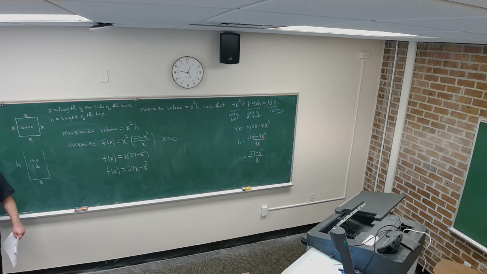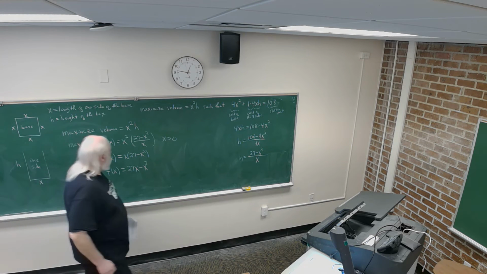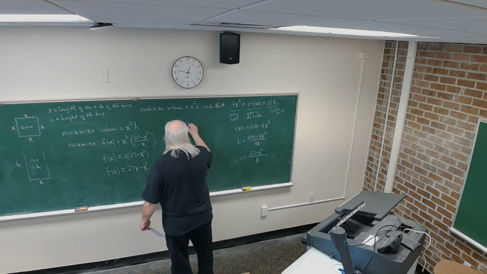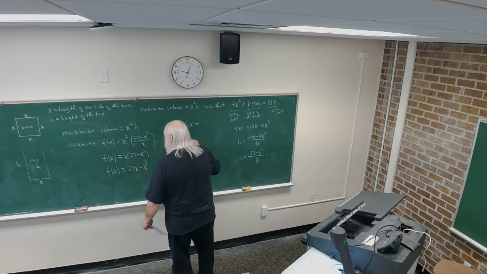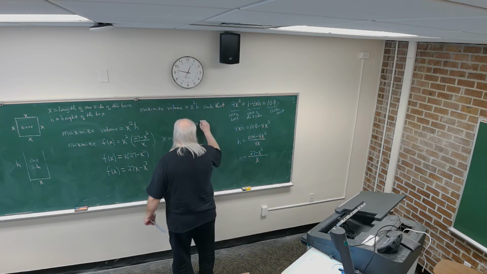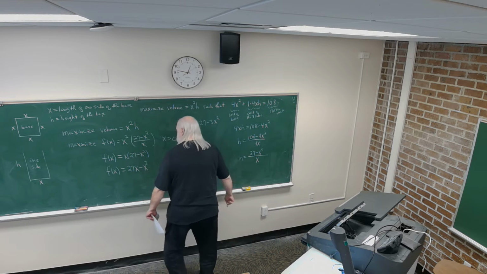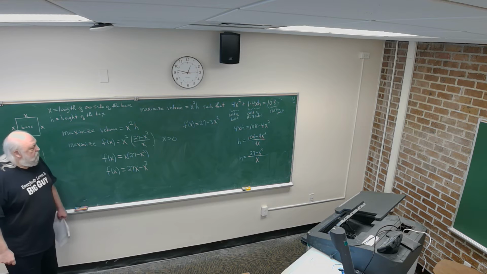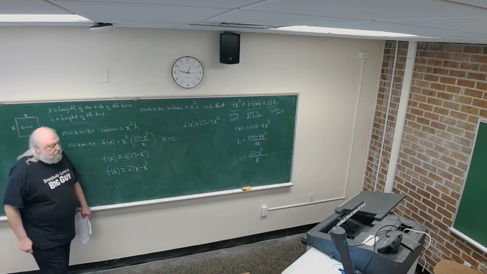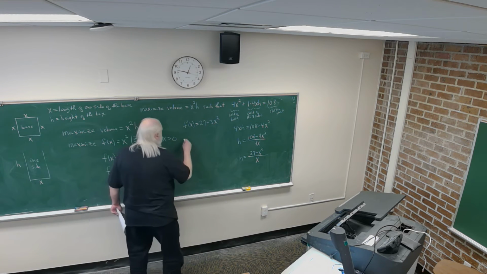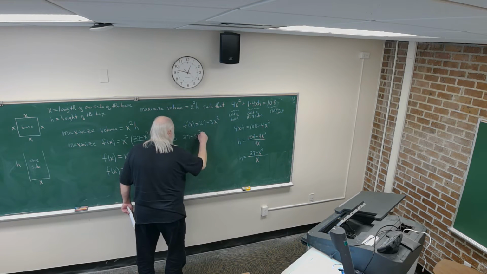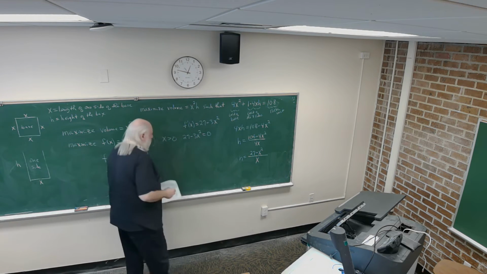So we look for the critical numbers. f prime of x is equal to 27 minus 3x squared. Now we set the first derivative equal to 0 and solve for x.